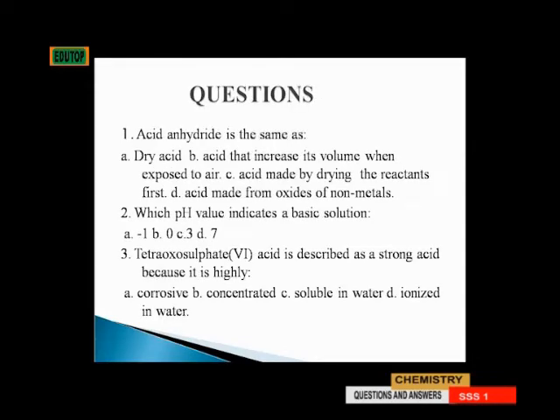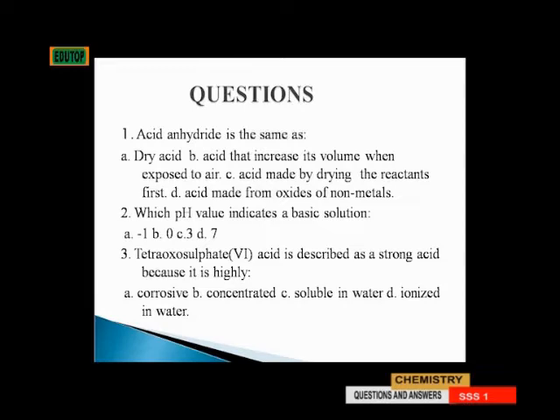Questions. Number 1, acid anhydride is the same as: A, dry acid; B, acid that increases its volume when exposed to air; C, air acid made by drying the reactant first; D, acid made from oxides of non-metals.